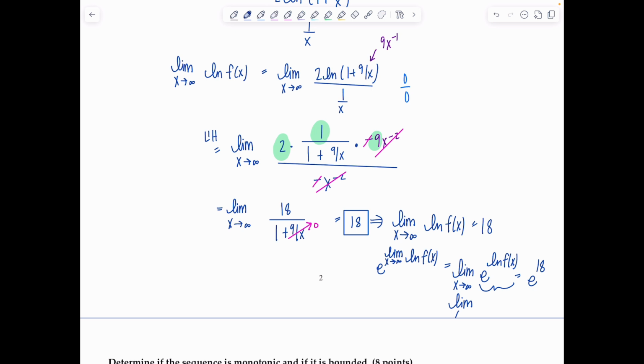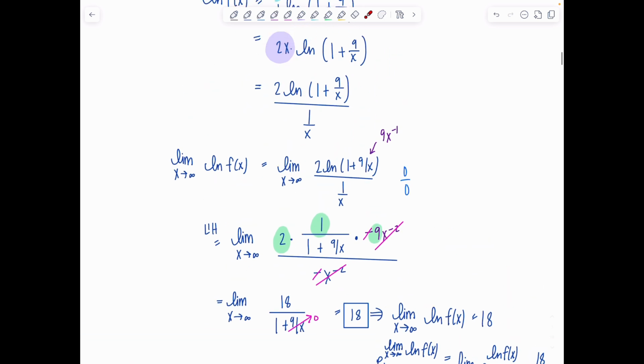Does that make sense? Now, I don't need my students to write this out every single time. All you need to remember really is that whatever you get for the limit, add e raised to that for your final answer for the limit of the original without the ln. So let's just go back and summarize.